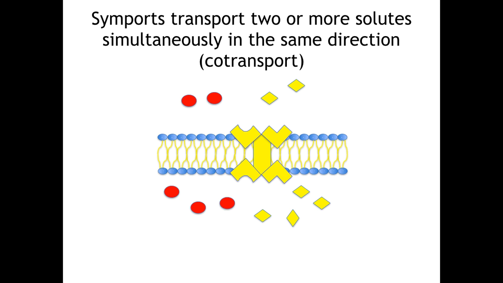Take a look at the concentrations of our red dots and our yellow diamonds here. Which direction do you think things are going to diffuse? Well, let's take a look. And we see cotransport has taken place.